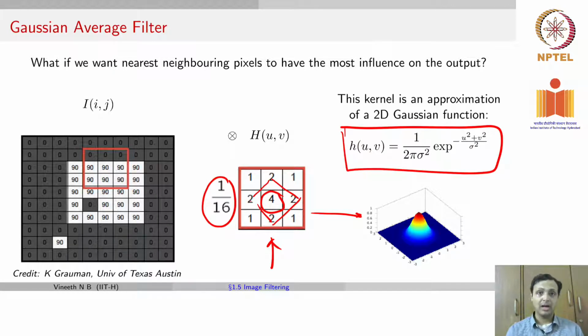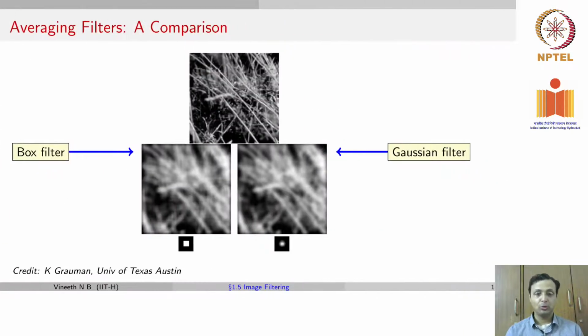And it gives you an averaging filter again, because it smoothens out or blurs your pixels at different locations, but it now does not do it in a box filter way, but gives more importance to a central pixel. So if you took the same example that we saw a couple of slides back and see the box filter and the Gaussian filter, you see that there are slight differences in how these two filters work.